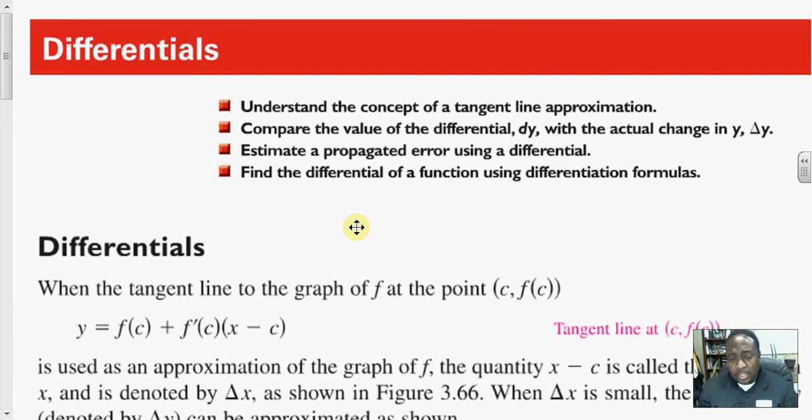And then we can approximate the delta x with dx, the differential, and we can approximate delta y with its differential, dy. And then from there we can talk about the so-called projected error, if it is known that if you are measuring certain quantities there may be a measurement error in the tool that is being used.